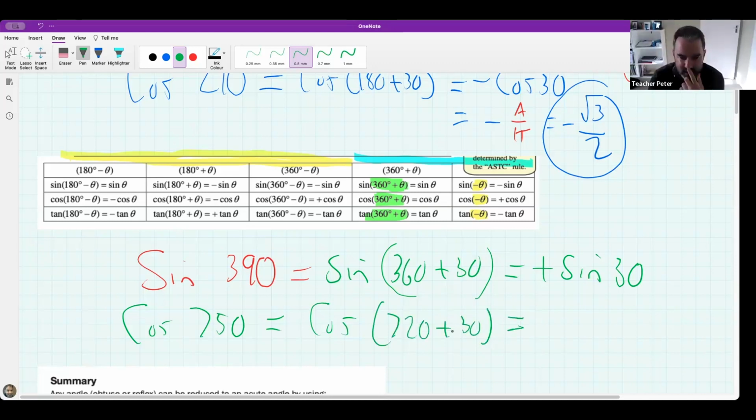Then this is still in quadrant 1 because you've gone around twice and then into quadrant 1. And so that would be plus cos 30. So cos 750 is the same as cos 30. And if we wanted, we could evaluate these using special triangles. Give me a thumbs up if you followed that, then I'm going to give you an example yourself to do.